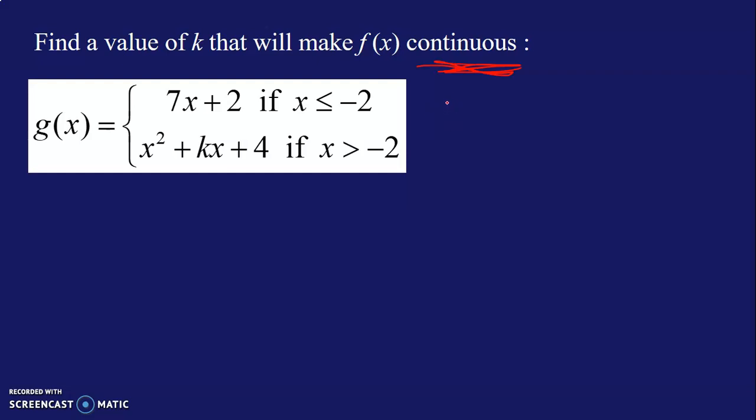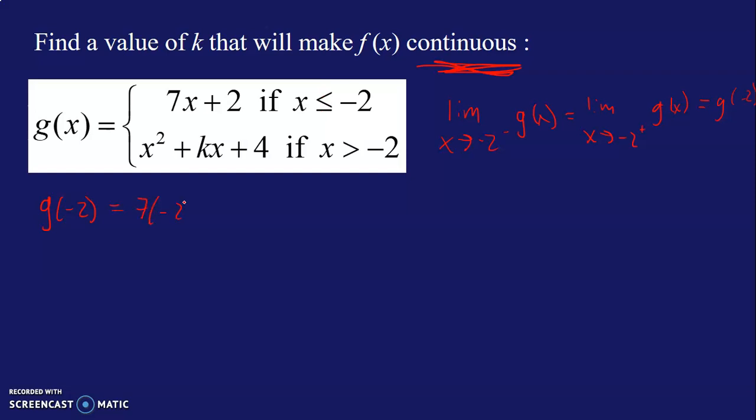So remember, we're trying to show that the limit as x approaches -2 from the left of g of x is equal to the limit as x approaches -2 from the right of g of x, which is equal to g of -2. All right, so let's do g of -2 first. That's going to use the top equation because that's the one that's less than or equal to.